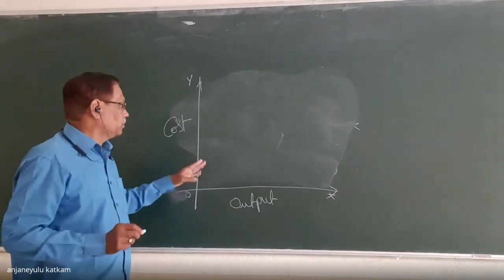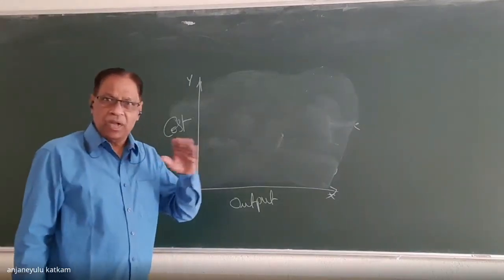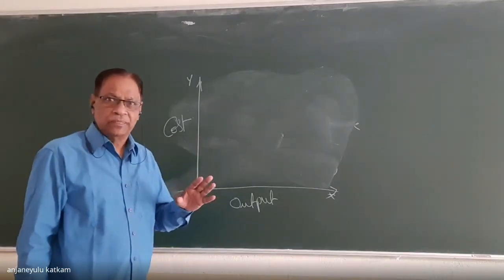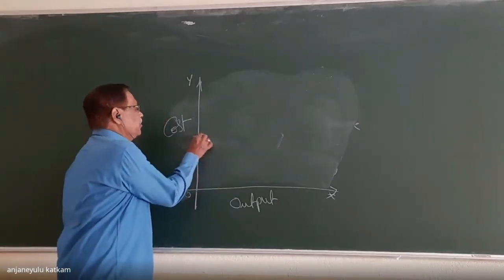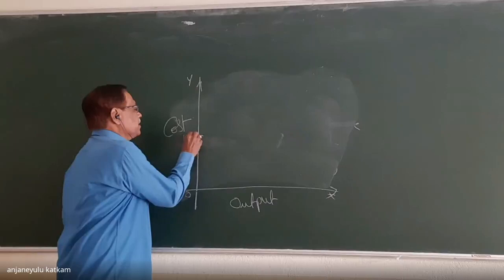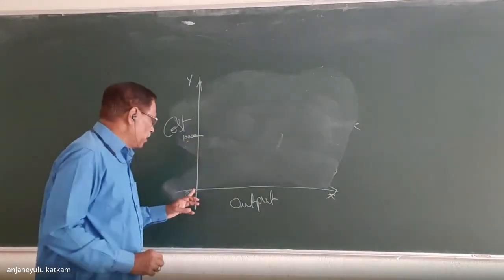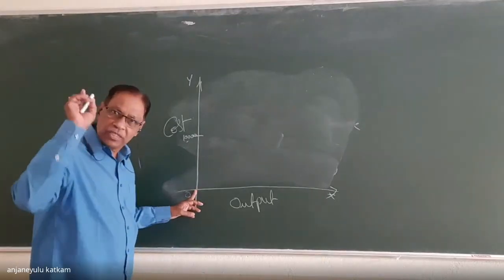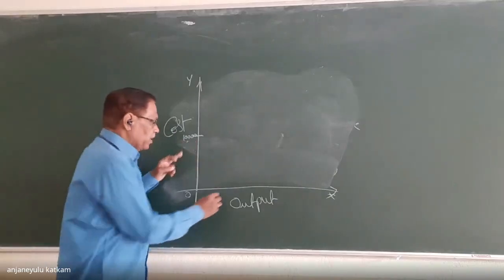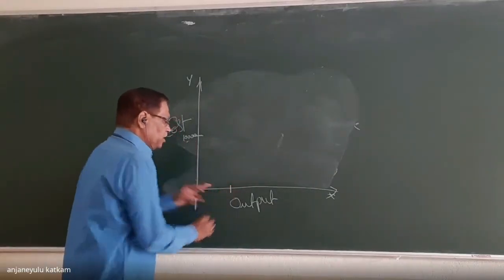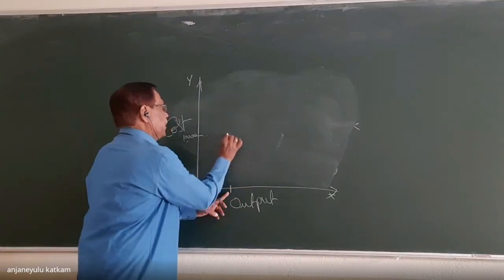Okay. The total fixed cost is the same, constant, irrespective of the production. Suppose the total fixed cost is some 10,000 rupees. Whether the production is zero, the fixed cost is there, 10,000 rupees to be spent. If the production is 100 units, the same amount of fixed cost will be there.